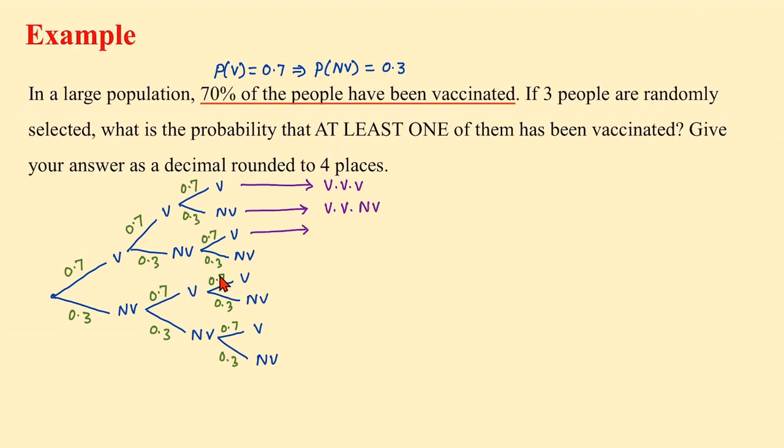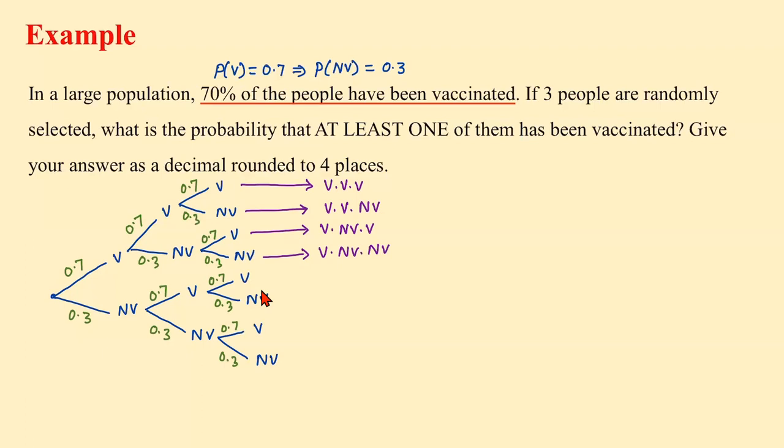The other possibility is first is vaccinated, second is not vaccinated, third is vaccinated. The next possibility is first vaccinated, second not vaccinated, third not vaccinated.